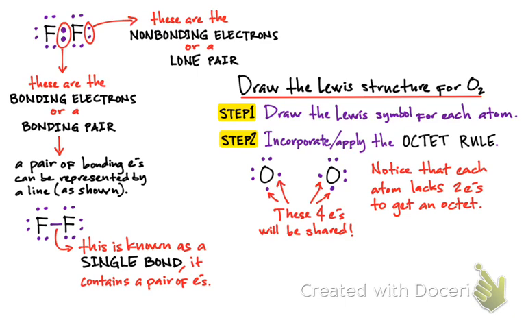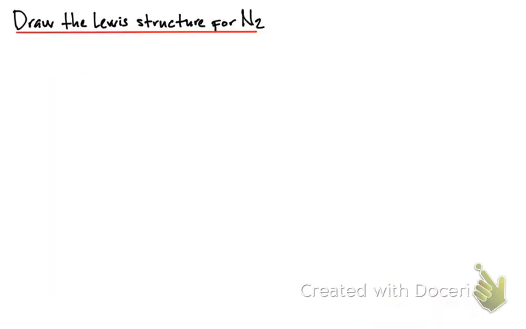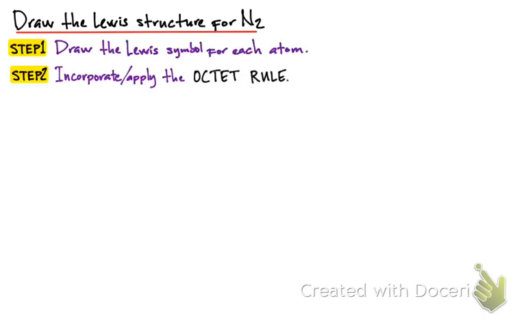In this case, a total of 4 electrons will be shared, forming a double bond. Here's another example of a diatomic molecule. Last time you learned that the two nitrogen atoms in nitrogen gas share a total of 3 bonding pairs, known as a triple bond.